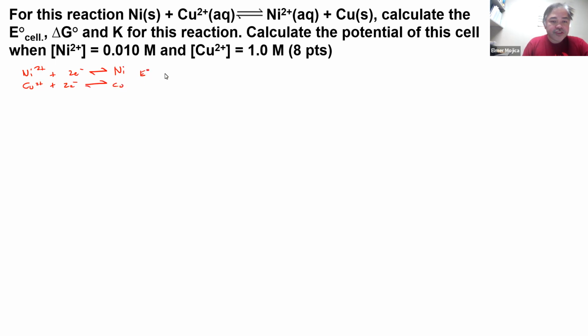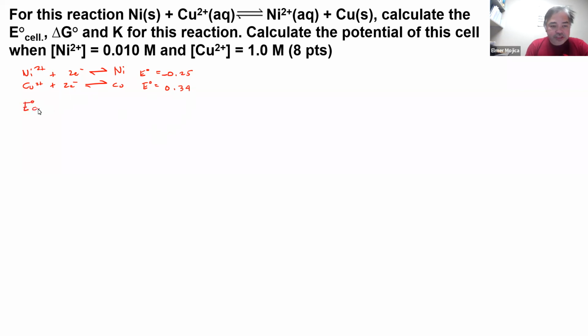For nickel, it's negative 0.25. For copper, it is 0.34. So based on this, copper is the one that undergoes reduction, so that's the cathode, and nickel is the one that undergoes oxidation, so that's the anode.